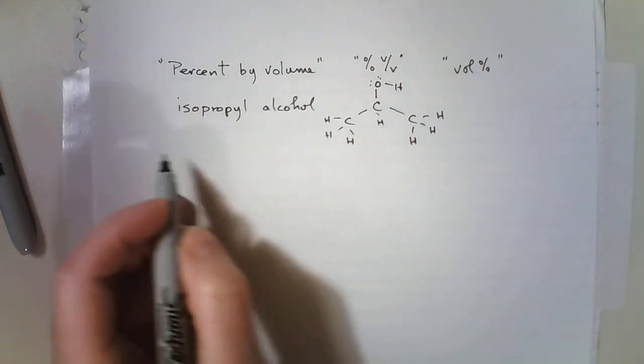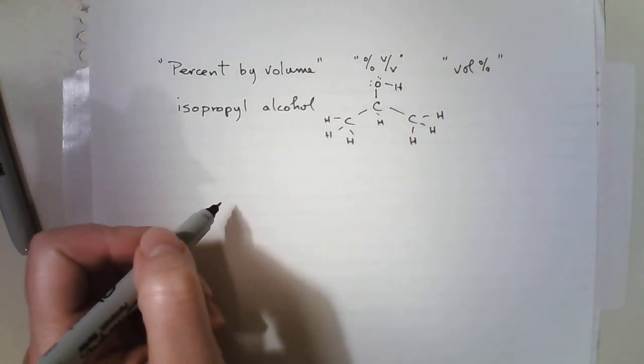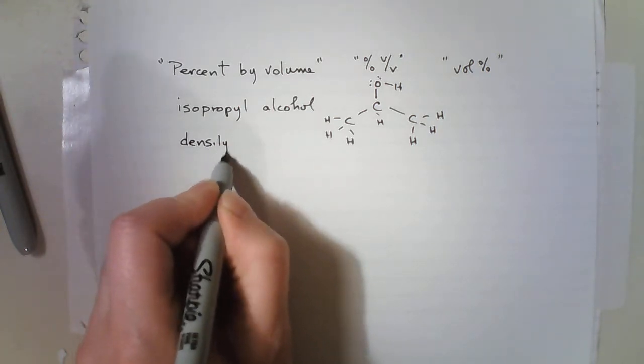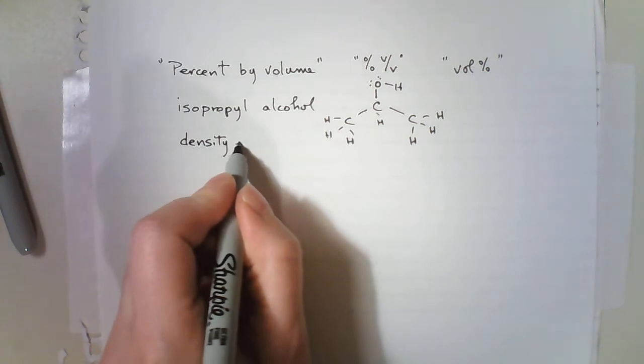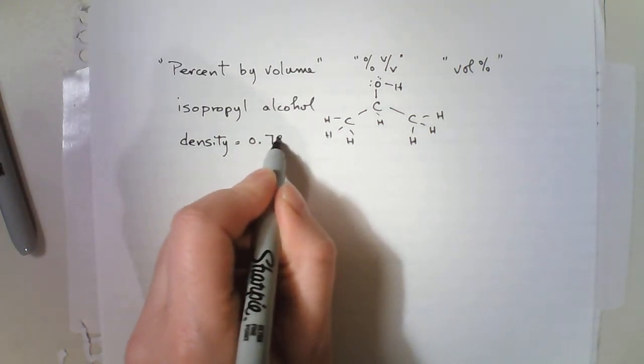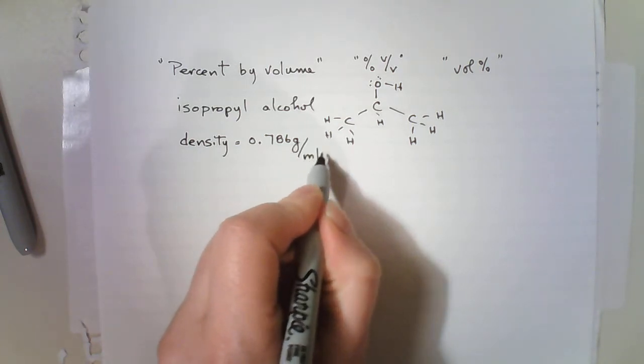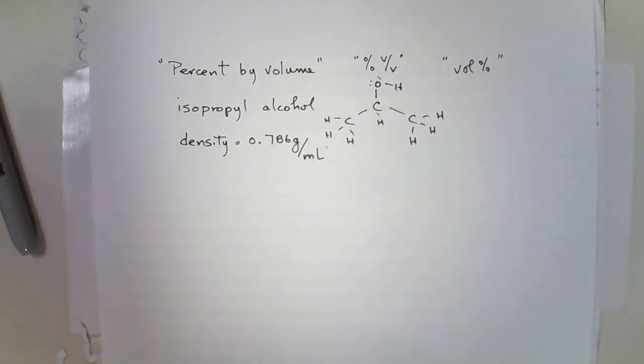So that's isopropyl alcohol, and its density as a pure liquid at room temperature is 0.786. It's much less dense than pure water. So if it didn't mix with the water, it would obviously sit on top, but it does. It is miscible. Water and isopropyl alcohol at most concentrations, relative amounts, form a solution.